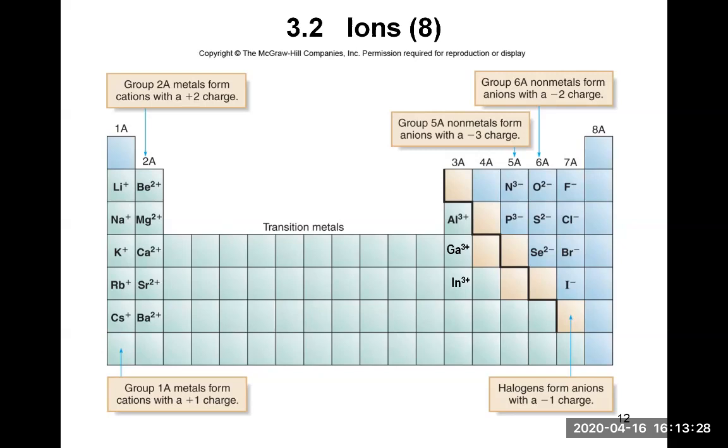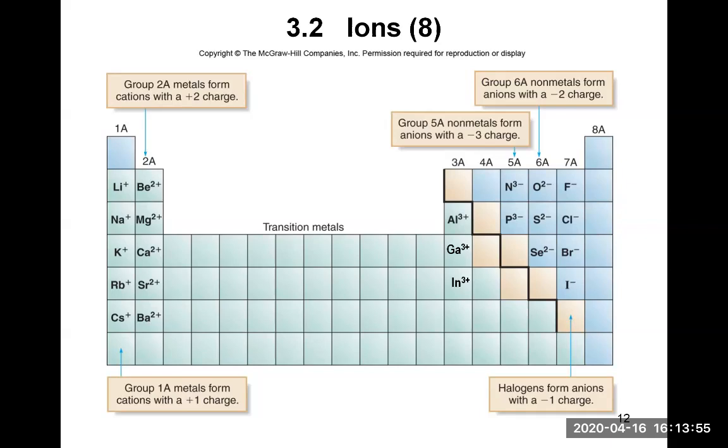Even though it's in group 1A, it's a non-metal, so it doesn't work for hydrogen. Actually, hydrogen becomes a +1 ion too, but it's not a metal. In group 2A, the alkaline earth metals become cations with 2+ charges, because 2A, so 2+.